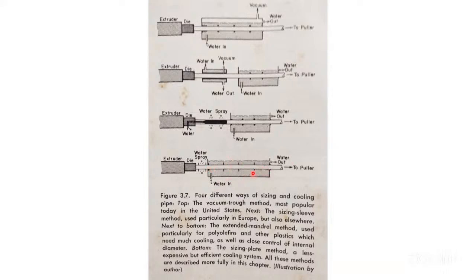It is very efficient cooling because you are spraying the water immediately after the pipe comes out of the die. And see now, this cooling tank is exposed to atmospheric pressure. Very good method, less expensive. Many people are also using this.